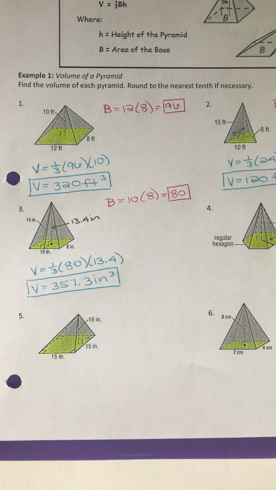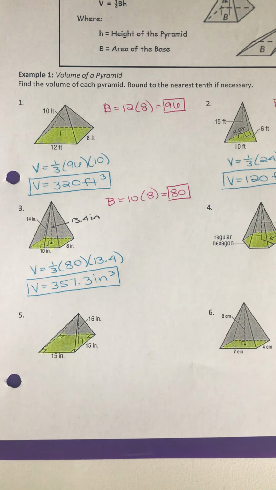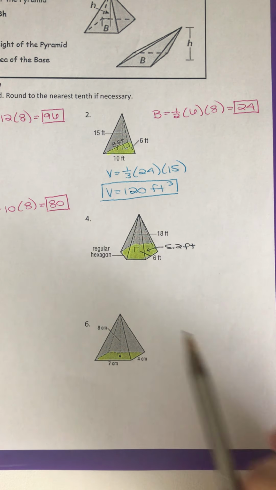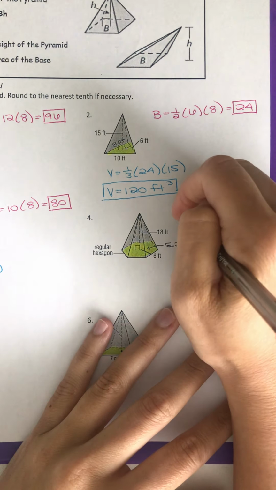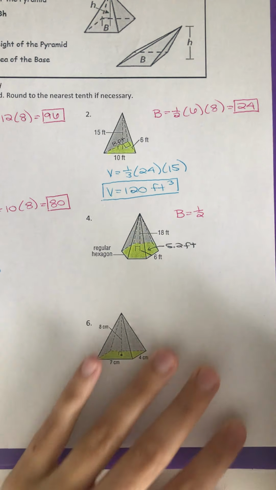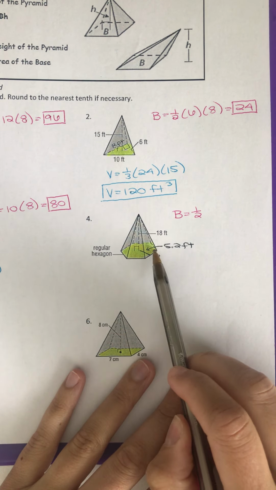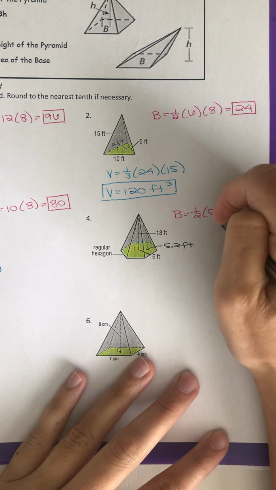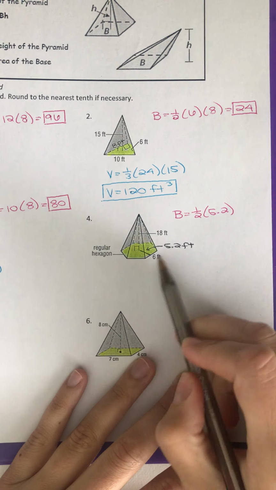So if you feel like you can keep going, try the rest on your own. If not, we're going to keep going through these together. So this one's a regular polygon. If you remember, your formula is 1/2 your apothem, which is written right here. Your apothem is 5.2 times the perimeter.